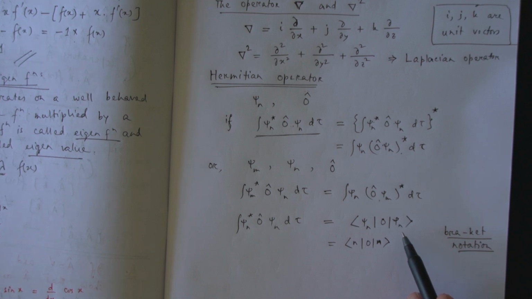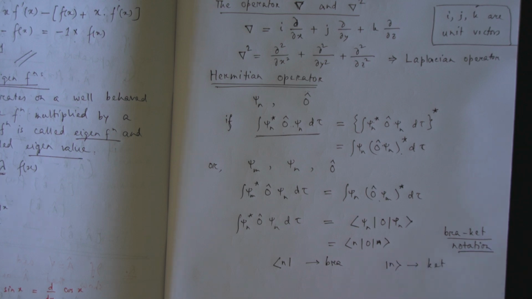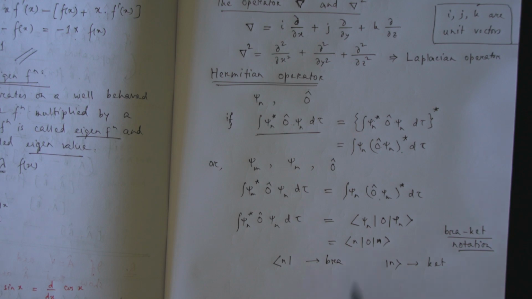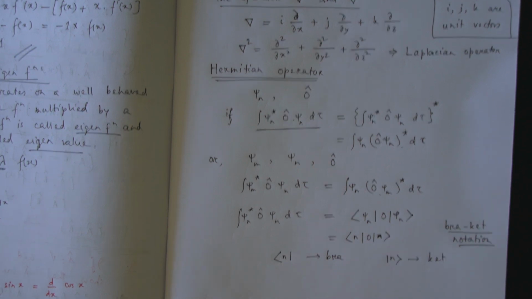Actually, here there are two things. One thing is this, which is called bra, and this thing is called ket. So in general, this is called bracket notation.